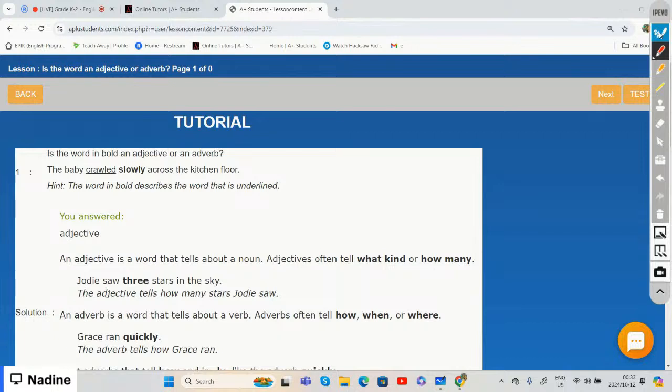What is the baby doing? If you look at what the baby's doing, it's an action. So slowly is an adverb that tells us how the baby crawls. Slowly is an adverb. It tells us how the baby crawled.